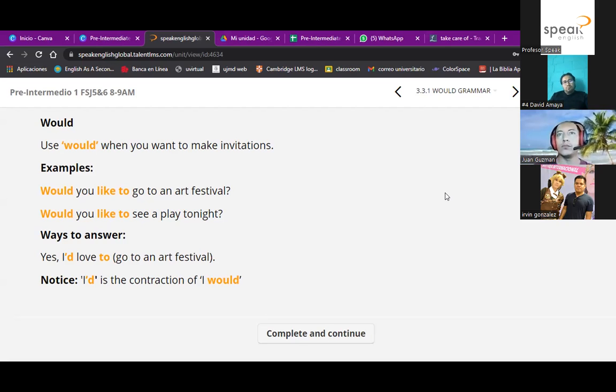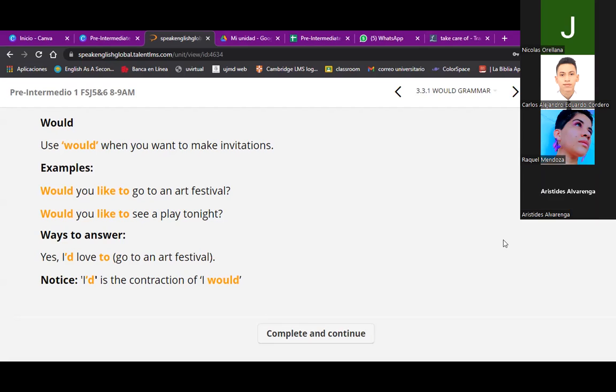Would you like to run in the park? Okay, would you like to run? Solo es como te gustaría como correr, ¿ves? Como están caminando, te gustaría correr. Pero si quieres decir, te gustaría ir a correr conmigo, como de forma de hacer ejercicio, would you like to go for a run?